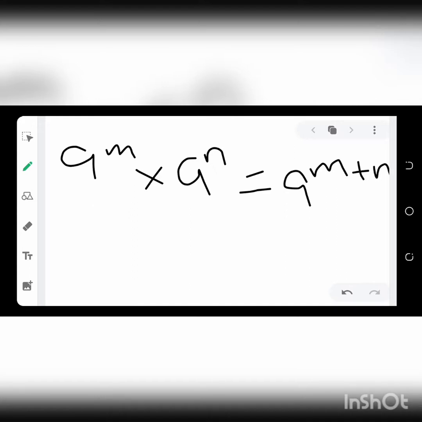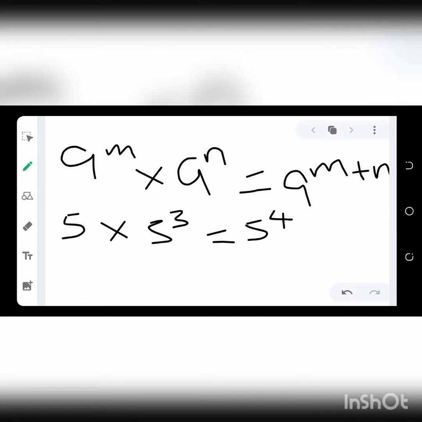Or for instance, if I have 5 times 5 raised to power 3, since the bases are the same, I equate them and add the powers. Then I will have 5 raised to power 1 and power 3 here, which makes it power 4.